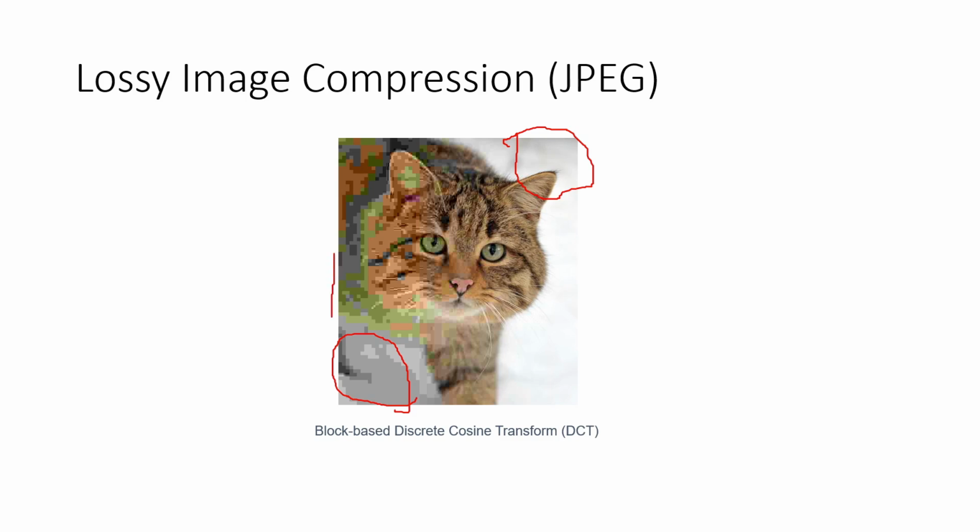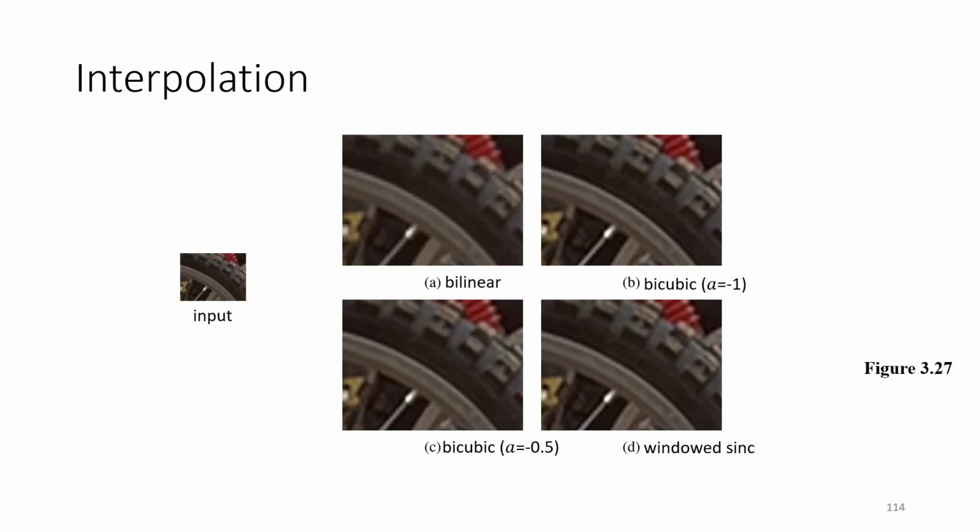For this region, because the compression rate is very high, basically this is a brown cat, but here it looks like a green part, because due to the high quantization value, the colors here go wrong.